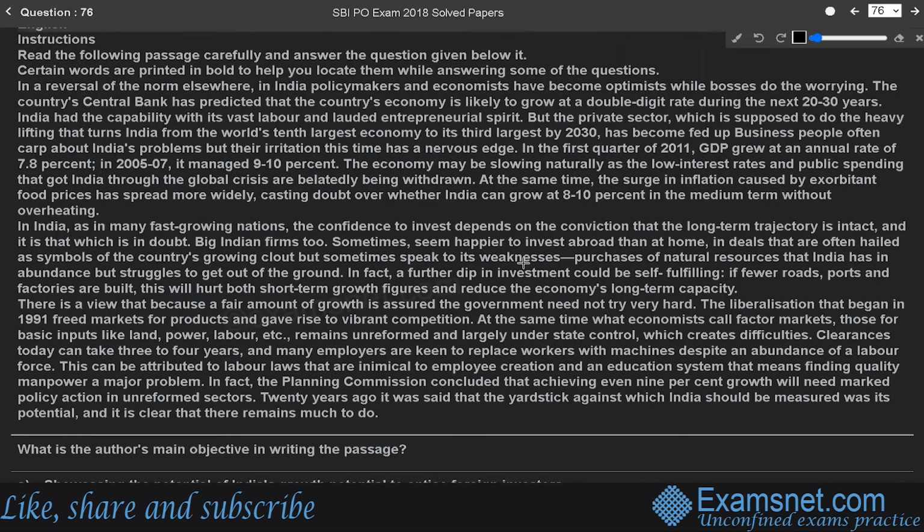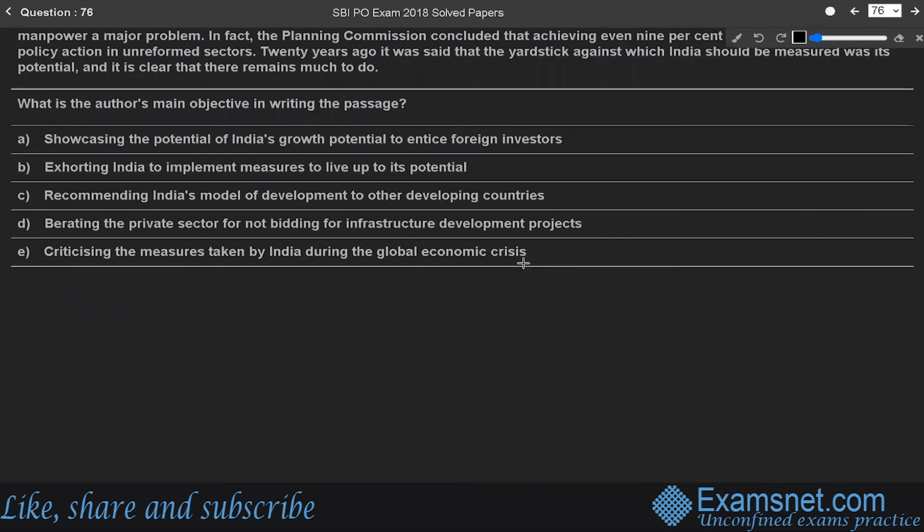Next part of the question is, what is the author's main objective in writing the passage? We know that business people often carp about India's problems, but their irritation this time has a nervous edge. In the first quarter of 2011, GDP grew at an annual rate of 7.8%, and in 2005 to 7, it managed 9 to 10%.